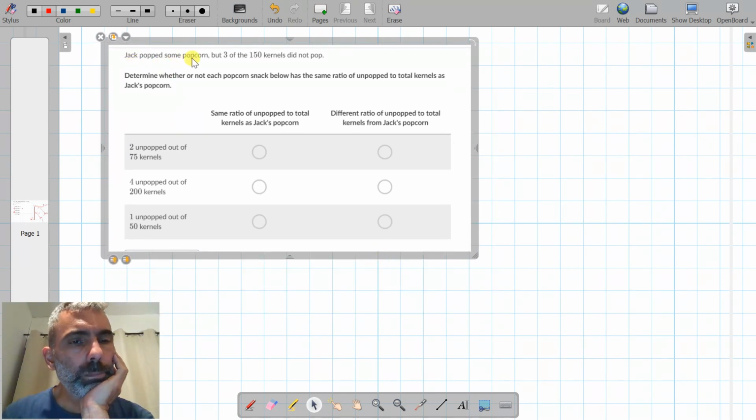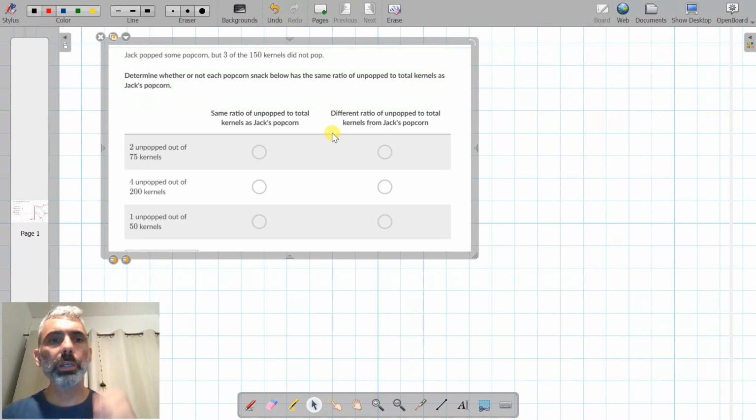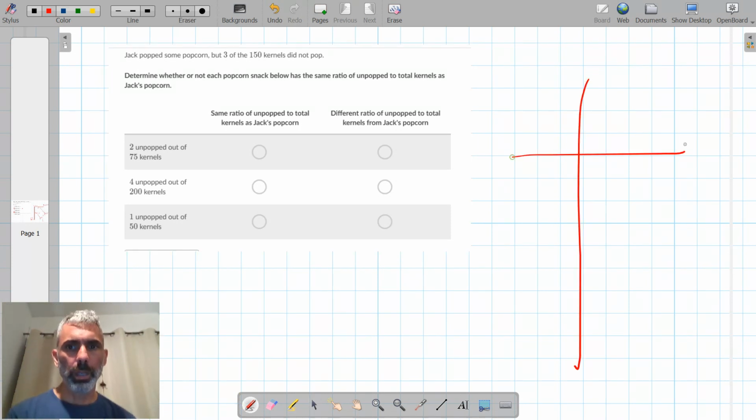Jack popped some popcorn, but 3 of the 150 kernels did not pop. Determine whether or not each popcorn snack below has the same ratio of unpopped to total kernels as Jack's popcorn. So 3 did not pop.